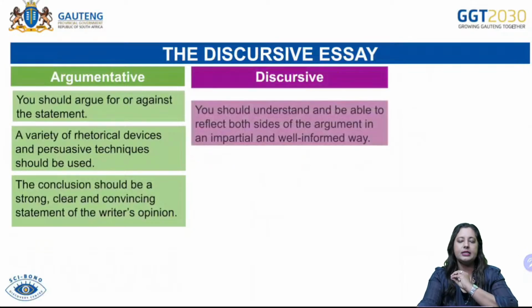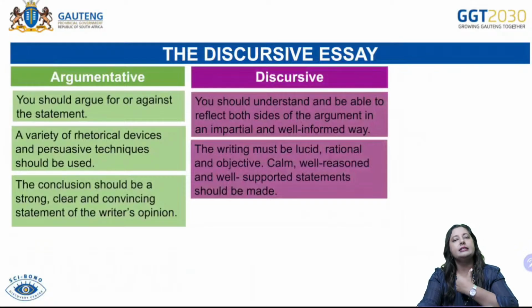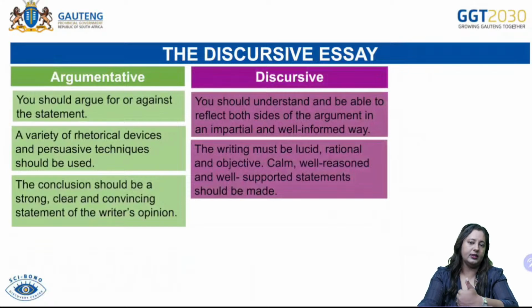When we're doing that, we are also making sure that there's a very rational flow of ideas, there's an objective point of view here, and that we have supported what we've said with evidence also, either for or against.